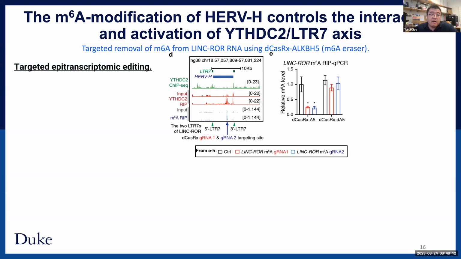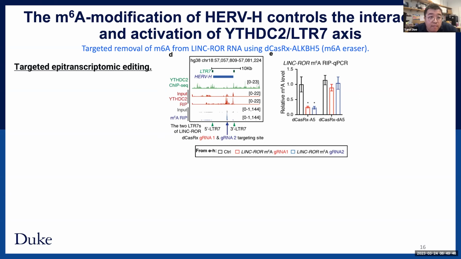So to further test the function of m6A in regulating LTR7 activity, we utilized the targeted epitranscriptome editing technology. Basically, in this method, we fuse the dead Cas13 with a protein called ALKBH5, which is the m6A eraser, and we can use gRNA to target this m6A eraser to the m6A peak of HERVH transcripts.